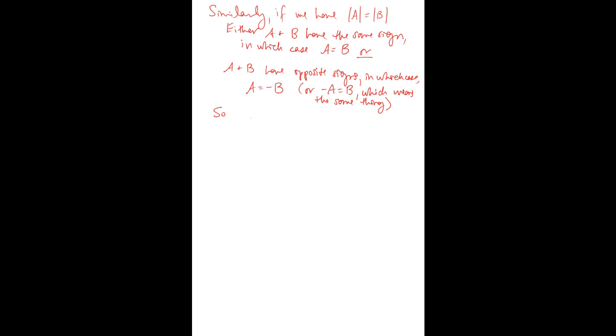So, in this case, if we had the absolute value of A equals the absolute value of B, we can rewrite it as A equals B, or A equals negative B.